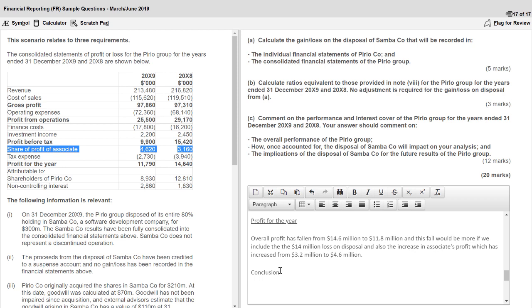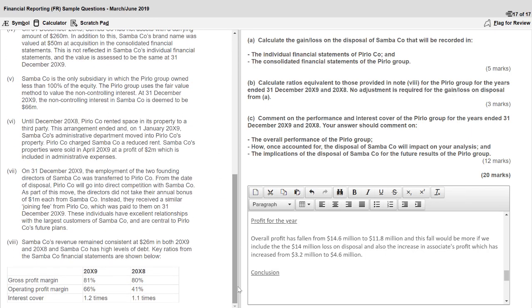Whatever you do, don't forget to put in a conclusion. So concluding overall on our findings. What's happened? There's been a disposal of a subsidiary. Is that disposal of the subsidiary a good idea? Well, it's got really healthy margins. They're increasing.